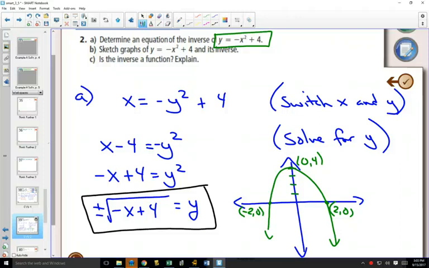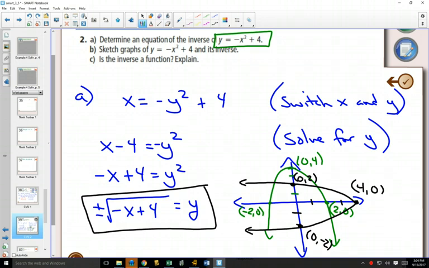If you have the graph, often the graph is easier to use because all you have to do is switch the x and the y. So instead of 0, 4, you're going to have 4, 0. You're going to have 0, 2 and 0, negative 2. And there is the graph of the inverse.